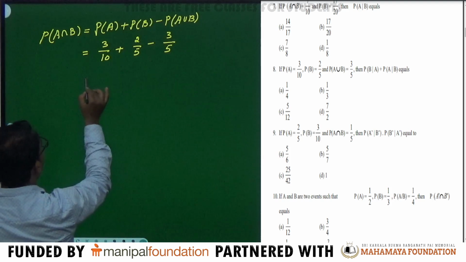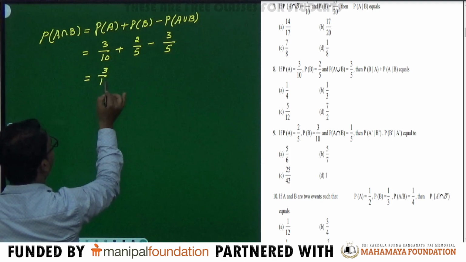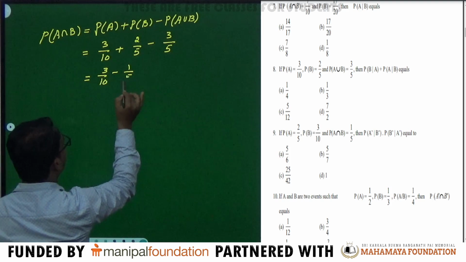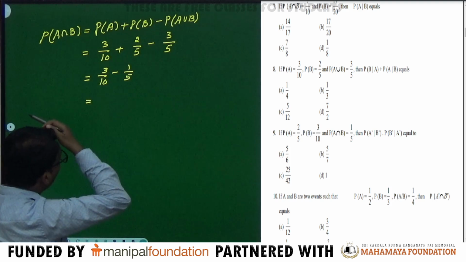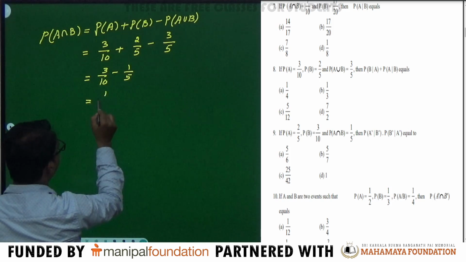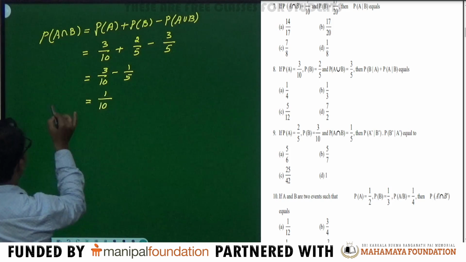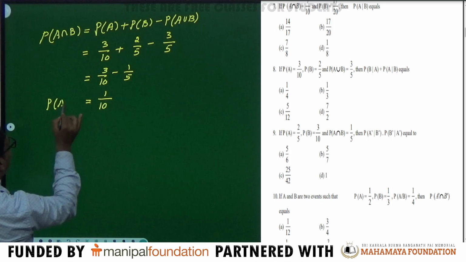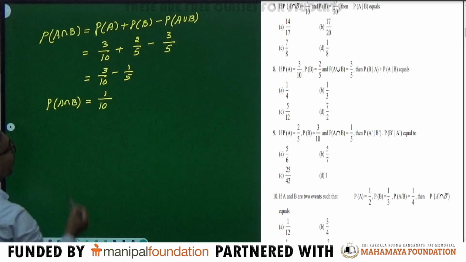It is equal to 3 by 10 minus 1 by 5. After simplification we get 1 by 10. This is probability of A intersection B.